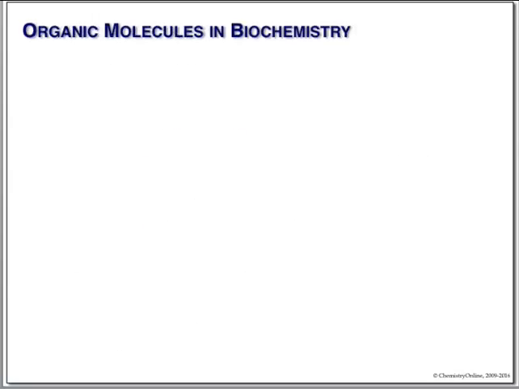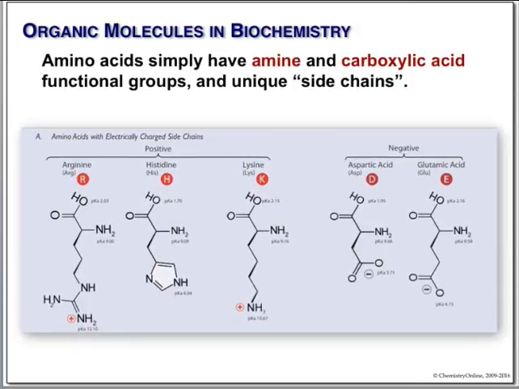Now I said we would look at these in biochemistry. Biochemists, biomolecules, most biomolecules are either made of amino acids or derived from them or something like that. Amino acids, we just looked at this. This is a carbonyl with an OH. That's an acid group, isn't it?